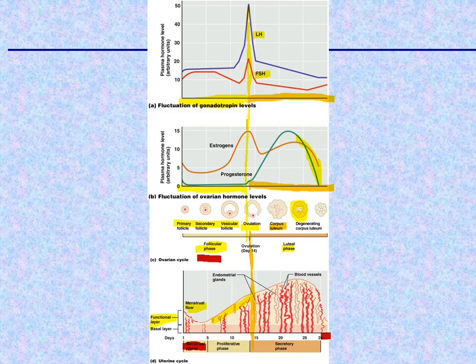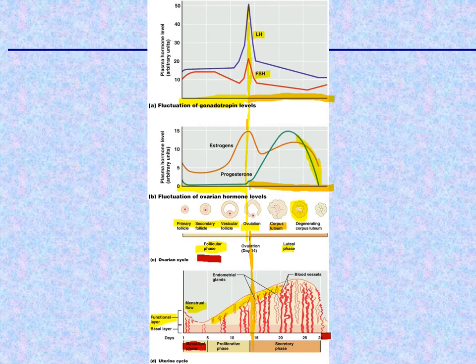So that functional layer is built up enough so that it is ready, in fact, and it keeps going after, but it is ready, if necessary, to receive the fertilized egg. If an egg is fertilized in the uterine tubes, then it will travel further down into the uterus and can implant into the wall of the uterus.